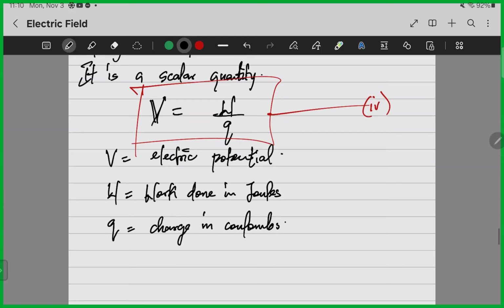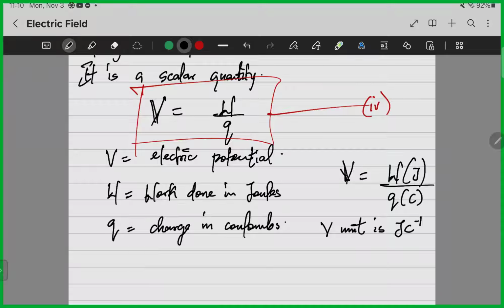If we are to guess just a random unit for potential, we would have just said joule per coulomb, right? Because up above here we have work done in joules, and then Q in coulomb. So one of the units for this is joule per coulomb. You see that? Keep that in your mind. It's just one of the units we'll consider for it.